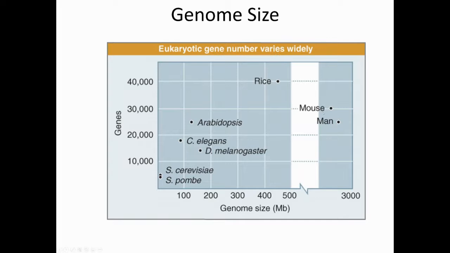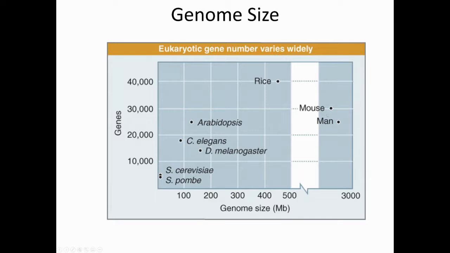As you can see here, rice has 40,000 genes, but the genome size is 400 megabase. And for man, we have almost 3,000 megabase, but only 25,000 genes.